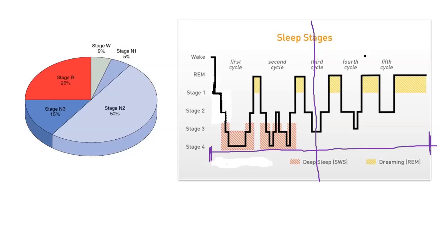We're seeing an awful lot of the red dashed lines, which is your N3 sleep or your deep sleep. Now, looking at the second half of the night, what do we see as most dominant? Well, you should see the yellow dashed lines. So REM is most dominant.